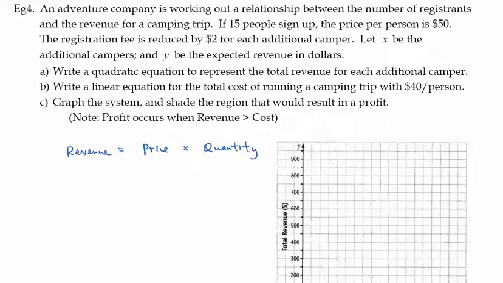Starting at the beginning, we will have 15 people signing up for the trip if the price is 50. This is the original case. But we're going to see some changes.